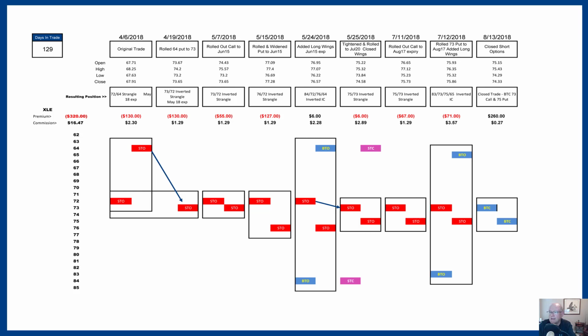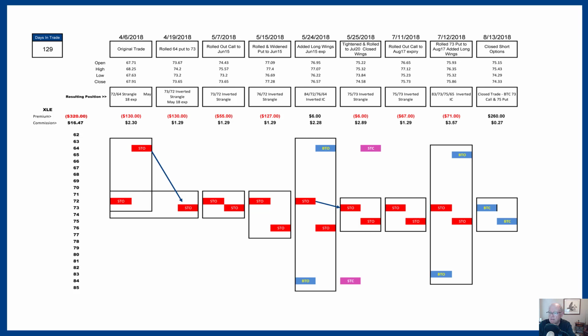6 weeks later, on July the 11th, I simply rolled the same 75, 73 strangle out another month, the same strikes, 75, 73, and at that time I collected $67, as you can see. A day later, I put long wings on again to pick up buying power, reduce the margin requirement.